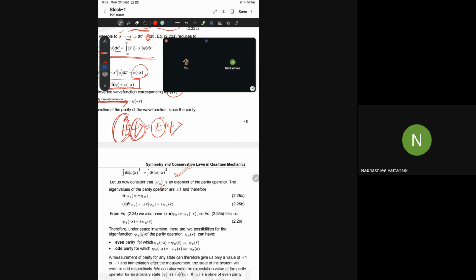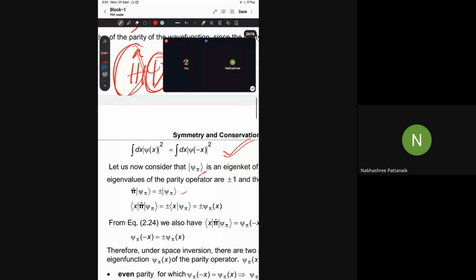Either it will be plus or minus. As we saw, for position and momentum the parity is minus, and for orbital angular momentum, total angular momentum and spin angular momentum it is plus. So pi operating on psi pi will give plus or minus 1 times psi pi, right?